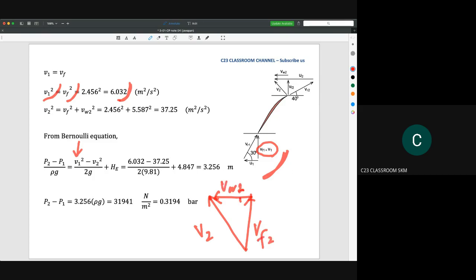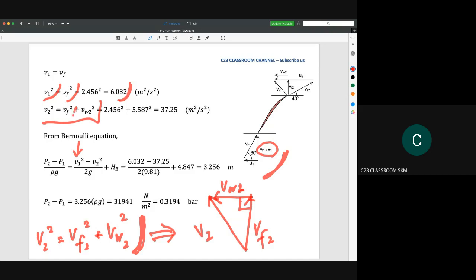Because it is a 90-degree triangle here, we could use the equation V2 square is equal to VF2 square plus U2 square. I think this equation is quite common for you for a triangle. So this is the equation.